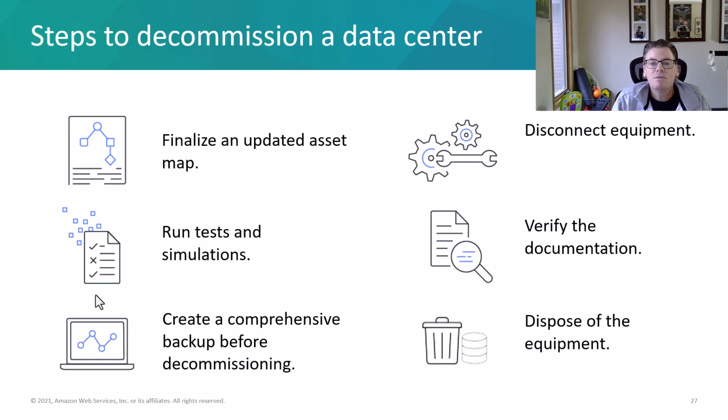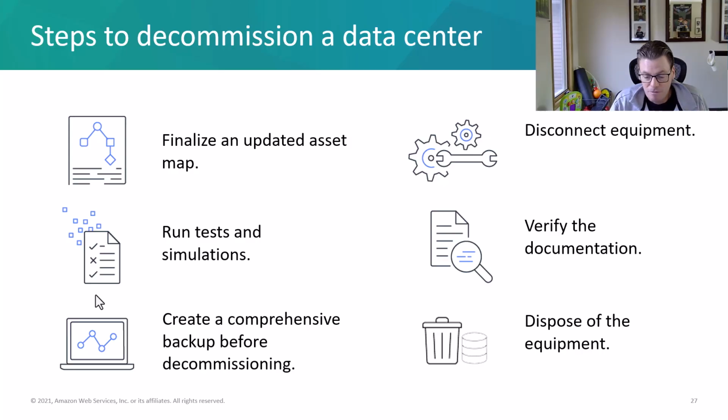All right, so once we have finalized it, we need to finalize our updated asset map. Okay, so we need to update the asset list with the new information, and we may have a map. We want to put that into the map. We need to run some tests and simulations before we do that. We're going to want to create a comprehensive backup.